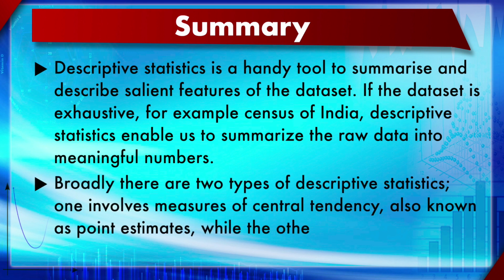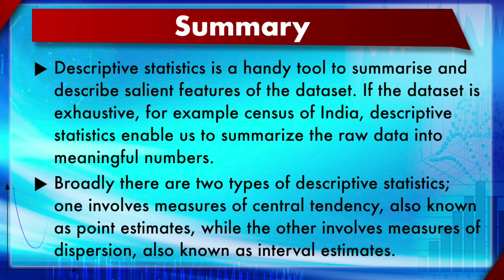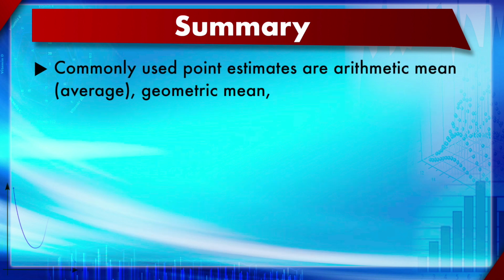Broadly, there are two types of descriptive statistics. One involves measures of central tendency, also known as point estimates, while the other involves measures of dispersion, also known as interval estimates. Commonly used point estimates are arithmetic mean, that is average, geometric mean and harmonic mean.